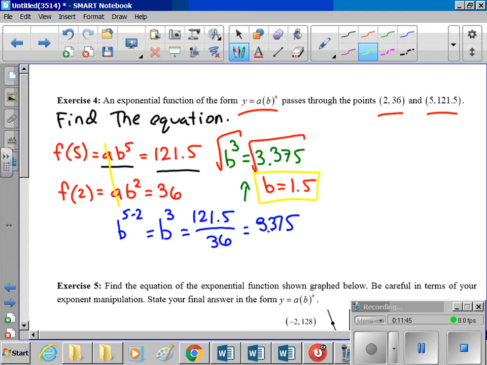So almost like we solved systems, now we can plug this back into one of our other points. Because we know that f of 2 is 36. So if we plug in b equals 1.5, we get f of 2 equals a times 1.5 squared equals 36. So 1.5 squared is going to be 2.25.